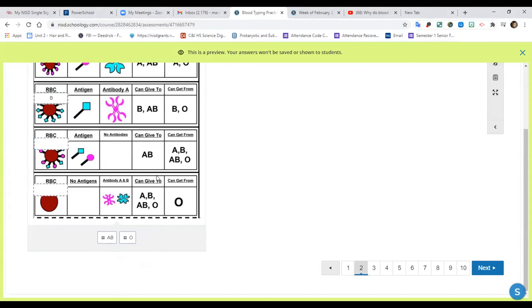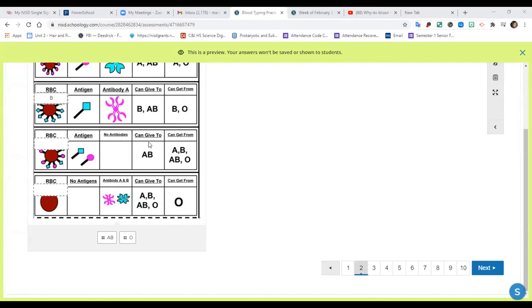Okay, now let's look at the third one. This chart is pretty handy for later on too. This one has both antigens A and B, no antibodies. Think about it, if it had any antibodies, either A or B, it would be attacking its own blood. That's why it has no antibodies. Very good, Fatima.